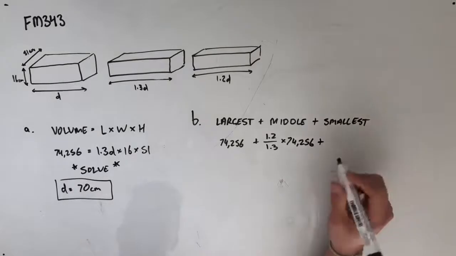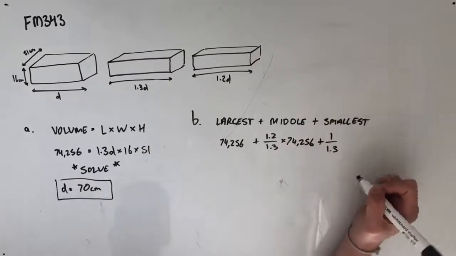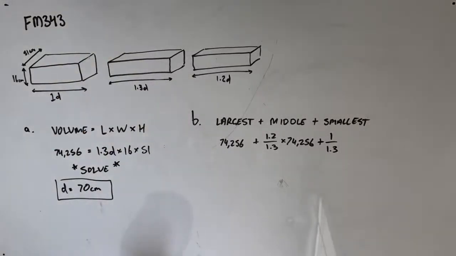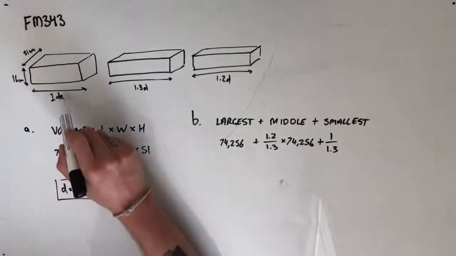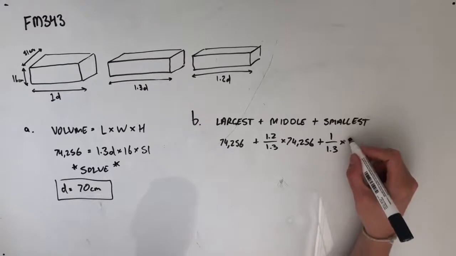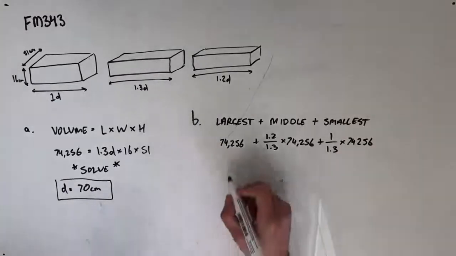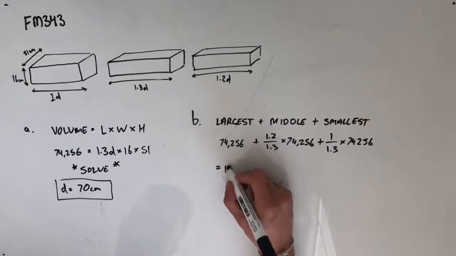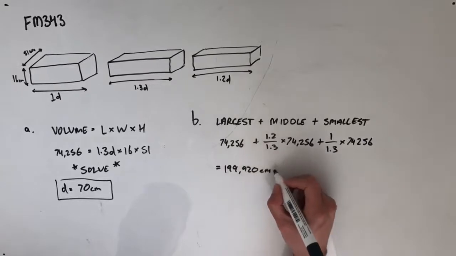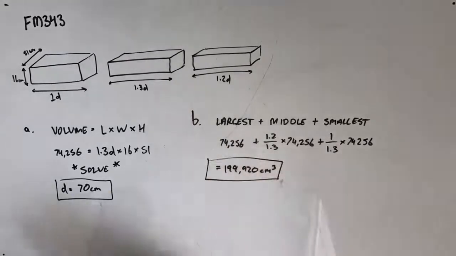We're going to do the same thing with the smallest cushion, except this time instead of putting 1.2 over 1.3, we're going to put 1 over 1.3, because there would be an invisible little 1 here in front of that first d. So we're now looking for 1 out of 1.3 of that same volume once again. Whacking that into a calculator, you should get an answer of 199,920 centimeters cubed. And that would be your answer to part B.